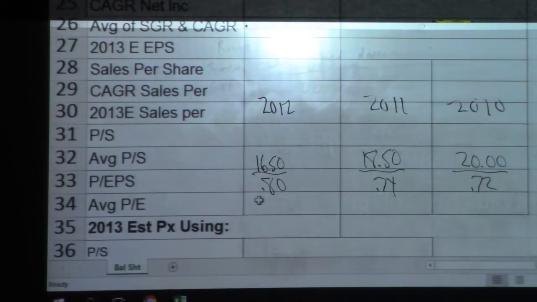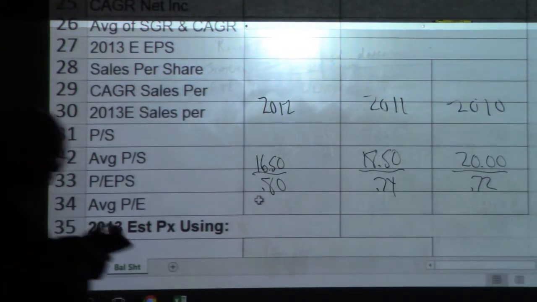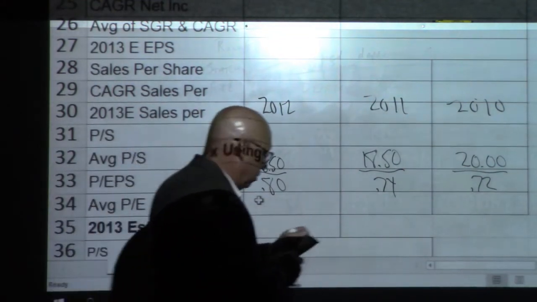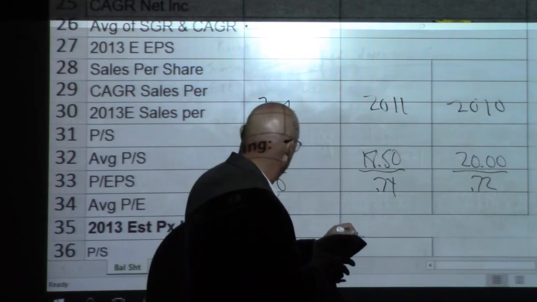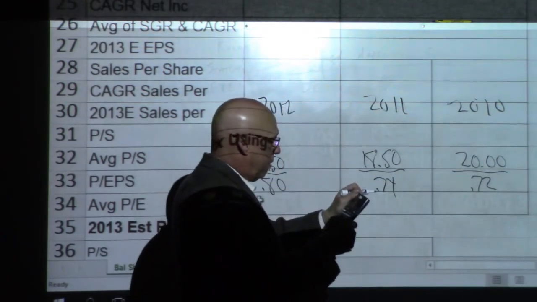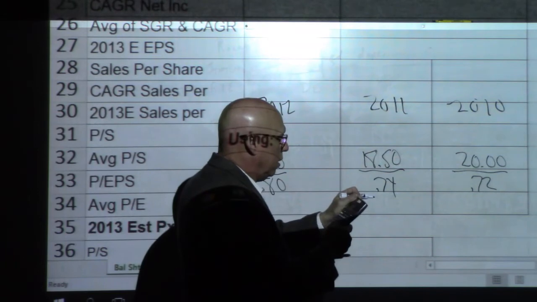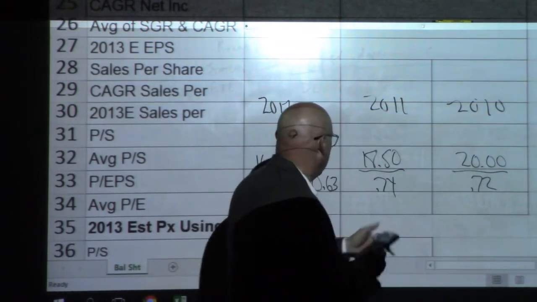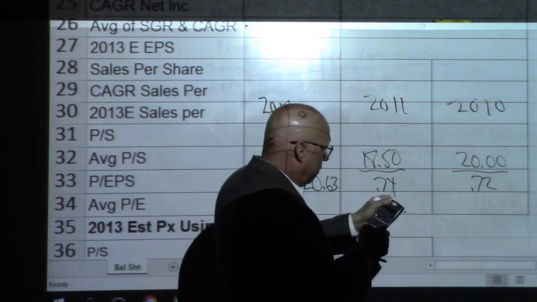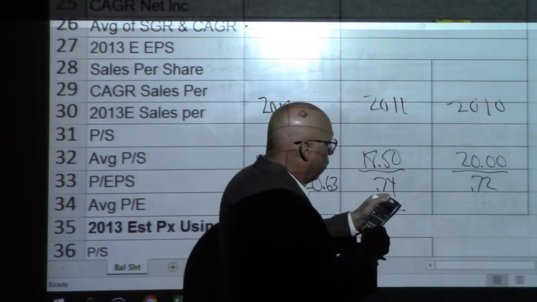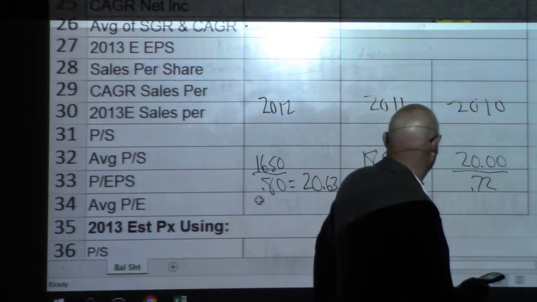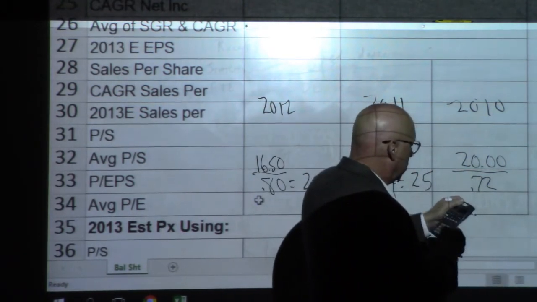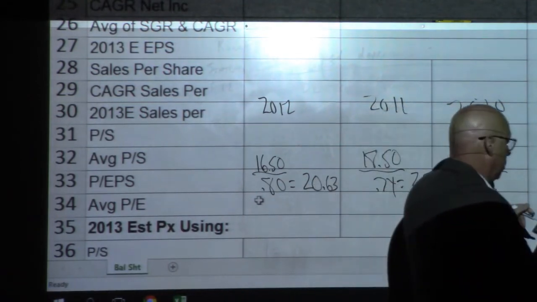All right, so 16.5 divided by 0.8 is 20.63. And 18.5 divided by 0.74 is equal to 25. And 20 divided by 0.72 is equal to 27.78.